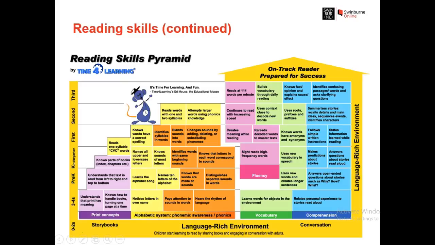It's understanding that letters come together to represent sounds. So for example, a C and an H makes a ch sound. This is a phoneme of our language. It's also understanding that the same sound can be spelt in multiple ways.